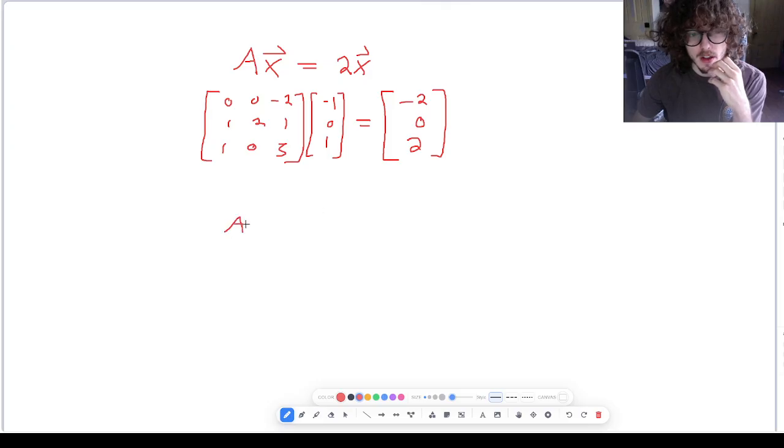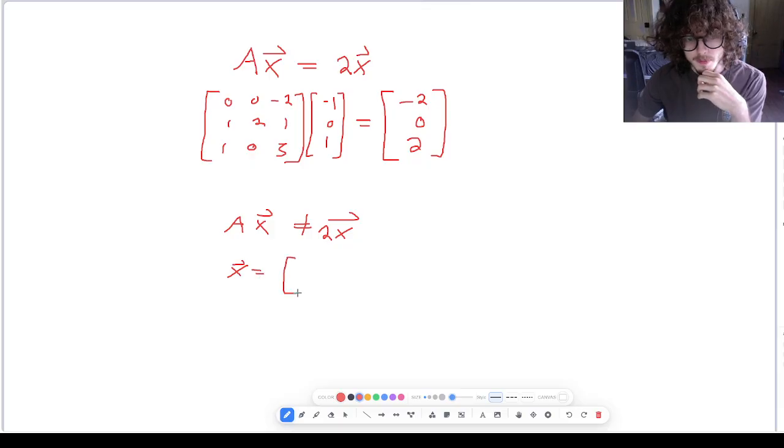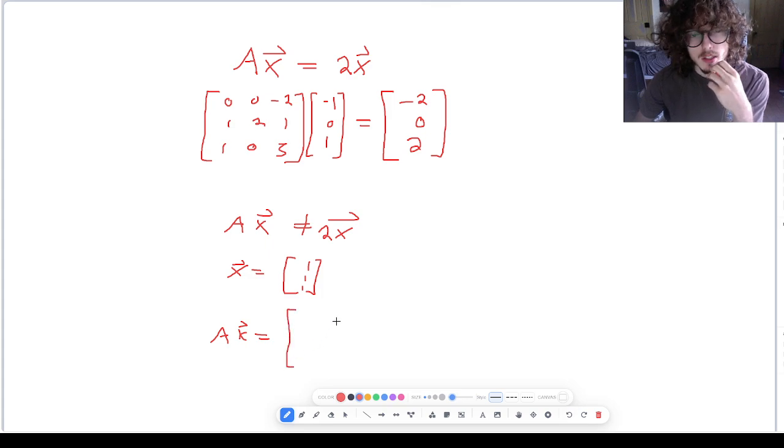Okay, but now let's take one that does not fit this criteria, so Ax does not equal a scalar multiple, specifically 2x. Let's call x, I don't know, 1, 1, 1. We'll make it really easy. So Ax in this case, which I'm not going to show thoroughly, is going to be -2, 4, 4.